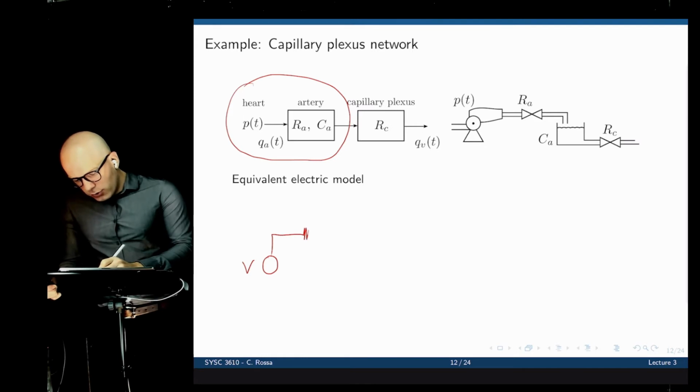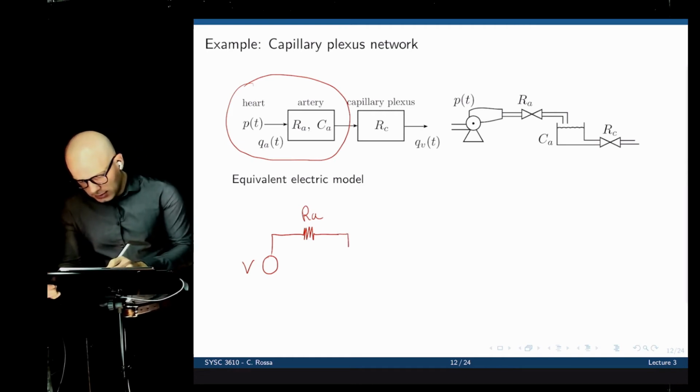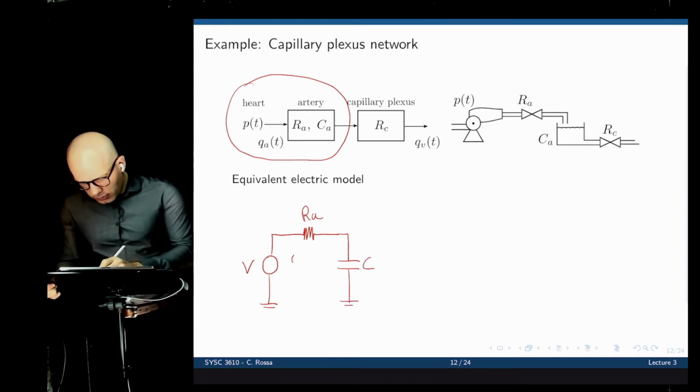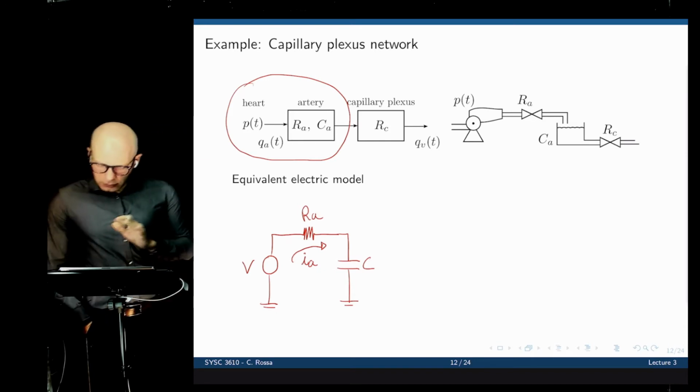That will pass through a resistance. Let's call that RA. Before we get to the network, that has a capacitance, a way to store flow, C. And here we now have a flow, QA. So let's call that IA. That's the first part.